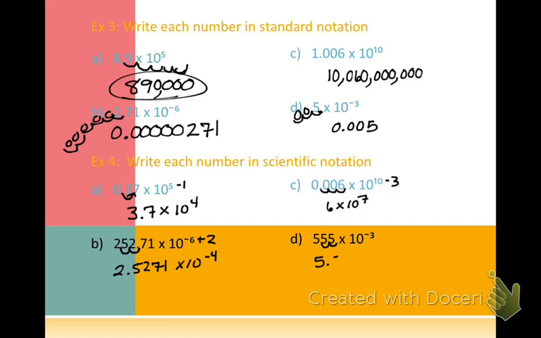So it's going to be 5.55, and I moved it over twice, so I'm adding 2. Negative 3 plus 2. I don't get it. It's to the left, I'm making it from a bigger to a smaller number. So I'm adding, it's a positive 2.